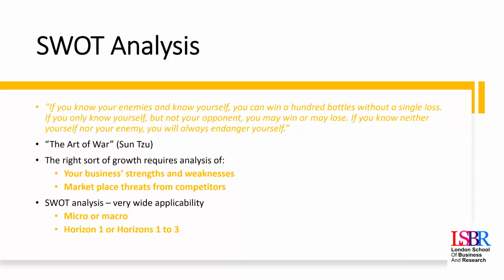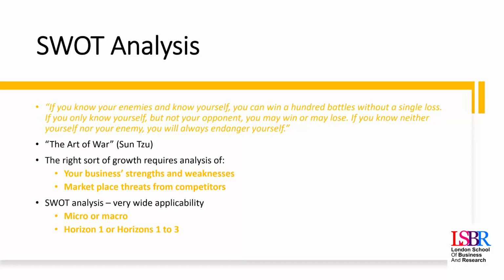So depending on your focus, if you're looking at a very detailed area of the business, a particular function, a particular department, then it tends to be quite focused on Horizon 1. What can we do in the short term? But if you're looking at macro, perhaps industry-wide, on a bigger scale, then it can be anything in Horizons 1 to 3, as long as you're consistent, okay?